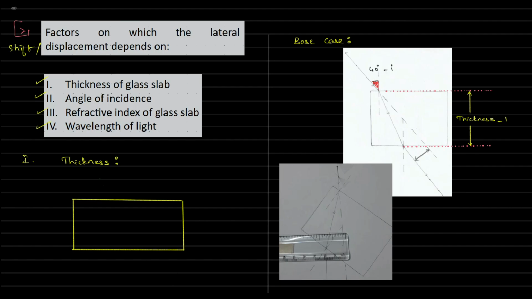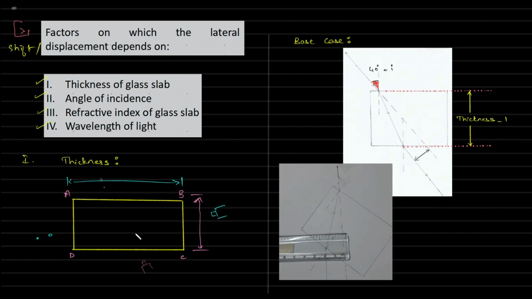When we keep the pins over here and observe the shift from this end, if I call this ABCD, the thickness will be from B to C. But if I keep the pins over here and see the shift at this end, the thickness will be from A to B. So the thickness depends on where the lateral shift is happening, from which face to which face.